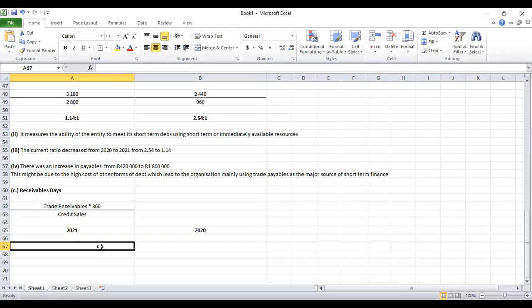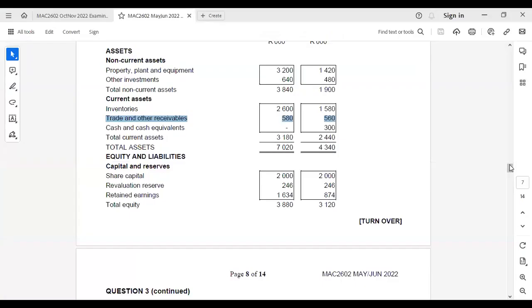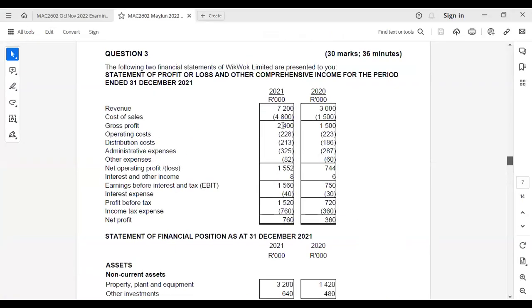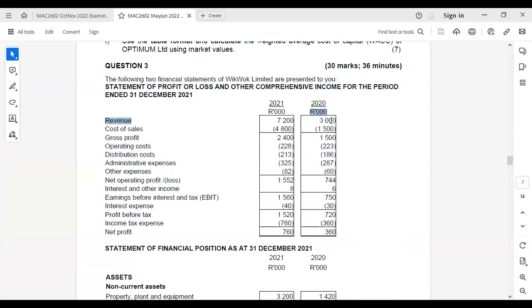We have 580 and 560 over the credit sales, which is this, but remember we have to adjust them for VAT.